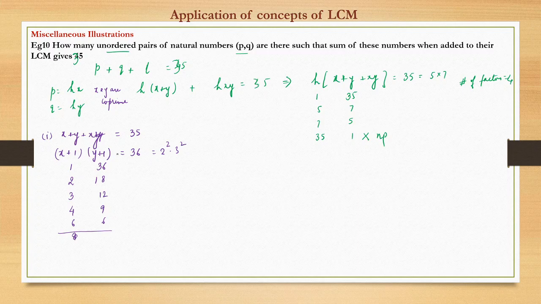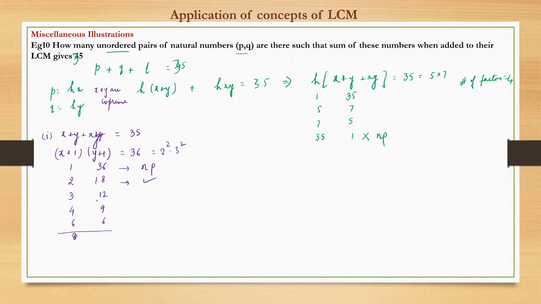So what will be the case here? Now see, 1. Is this case possible? If x plus 1 is 1, then x takes a value 0. It cannot take. So this is not a possible case. Let us see about this case. X plus 1 is 2, so x is 1. X is 1 and y is 17. 1 and 17 are co-prime, so this is a possible case.